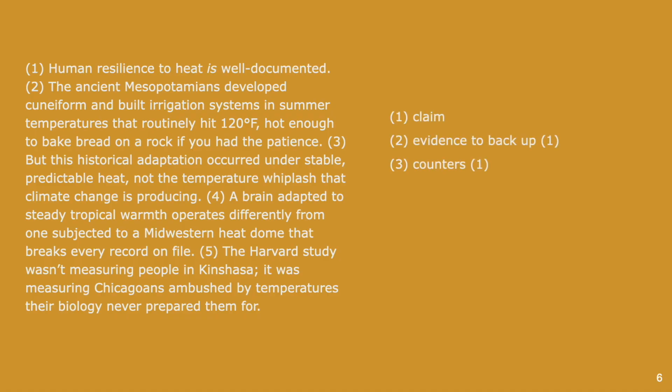The first sentence presents a claim about human resilience. The second sentence provides historical evidence. Then the third sentence, starting with but, counters it. The paragraph structure is clear: conceding to a contrasting perspective first, and then rebutting starting from the but sentence.